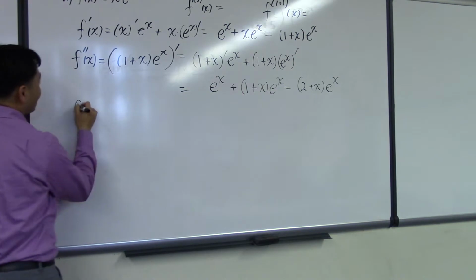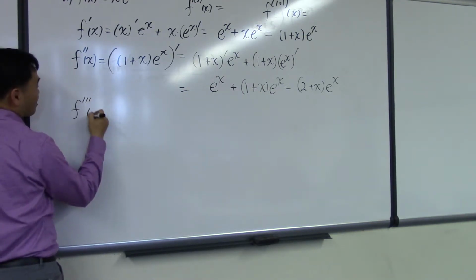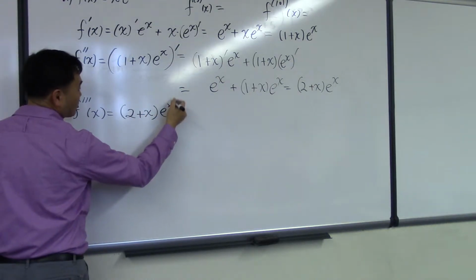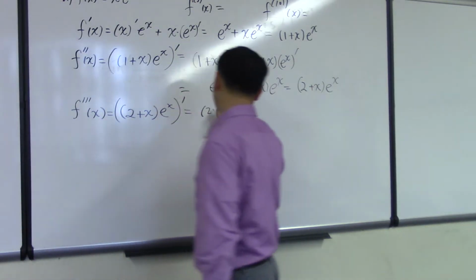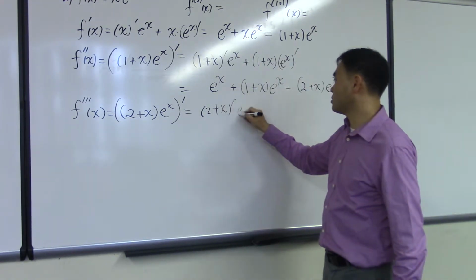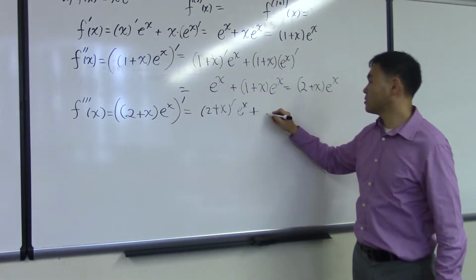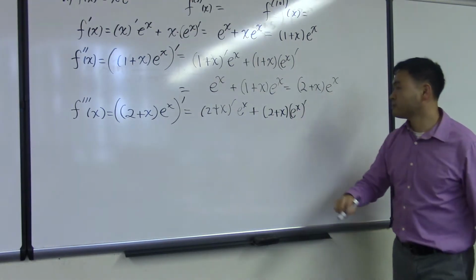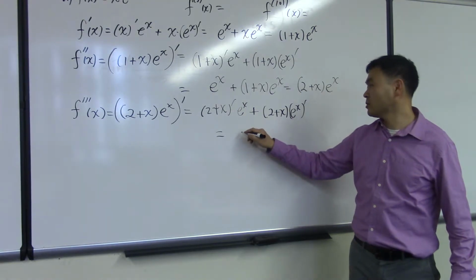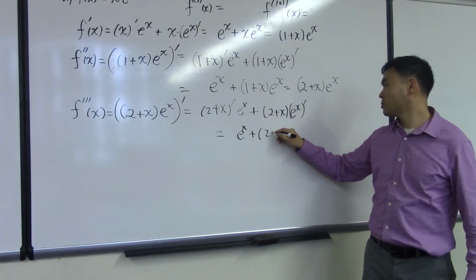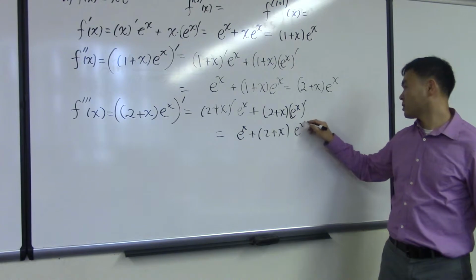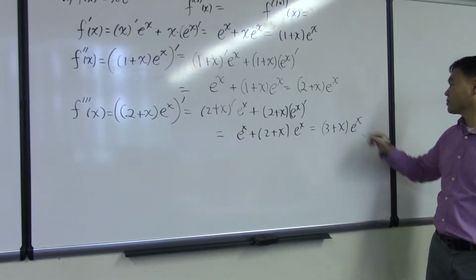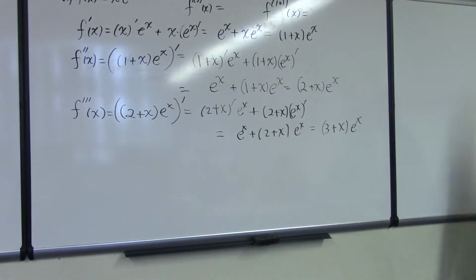We differentiate one more time, which is 2 plus x prime e to the x plus 2 plus x e to the x prime, and that's just 1 times e to the x plus 2 plus x e to the x, which is 3 plus x this time. Okay, so it turns out to be rather simple, right?